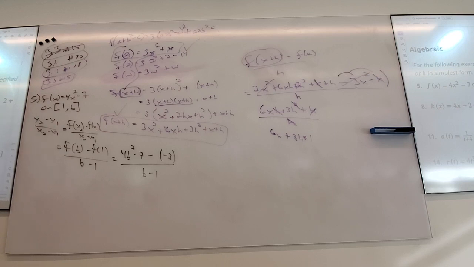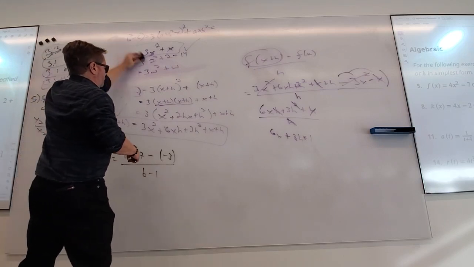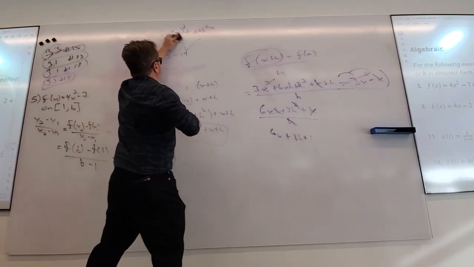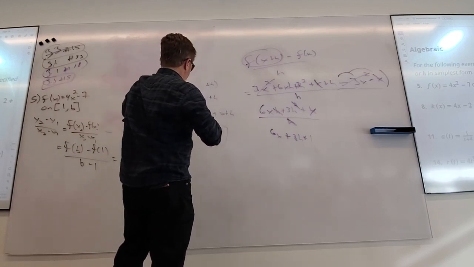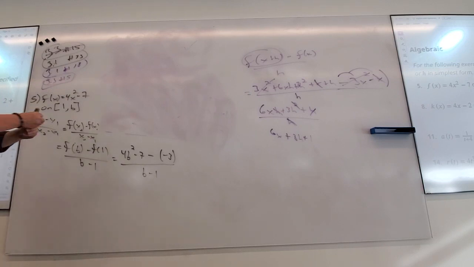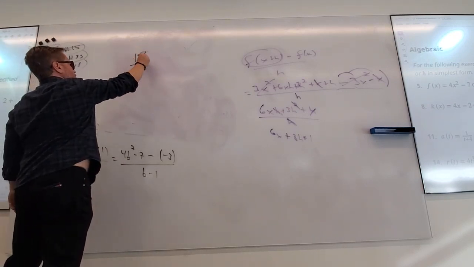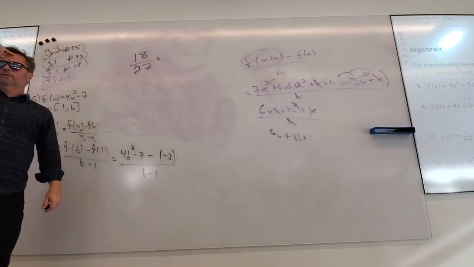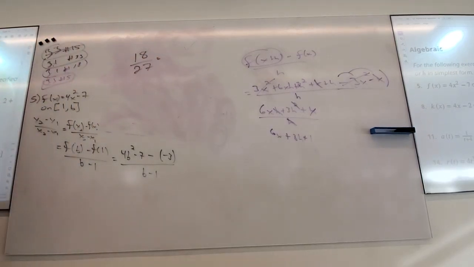Okay, so let me show you an example. Real quick, you guys, how would you reduce this fraction here? This is going to be a silly, nice, easy answer. How do you reduce that fraction? Divide by 9.